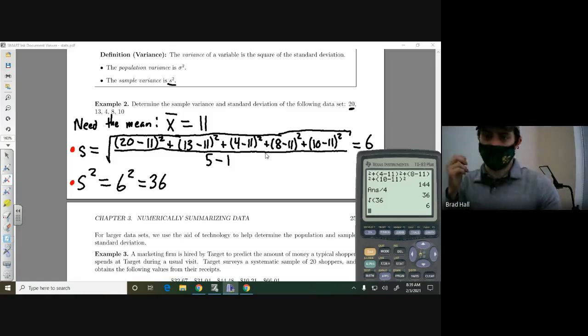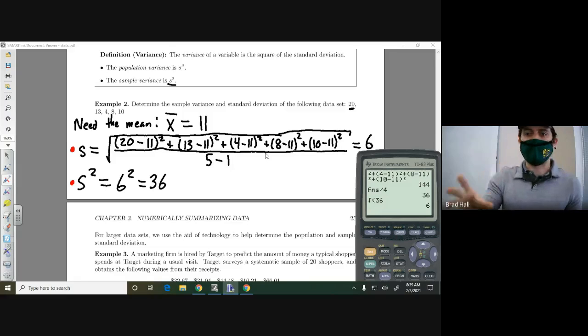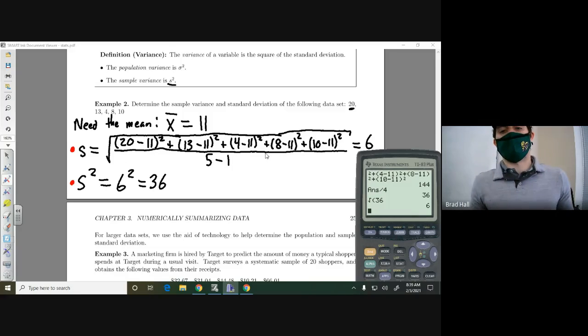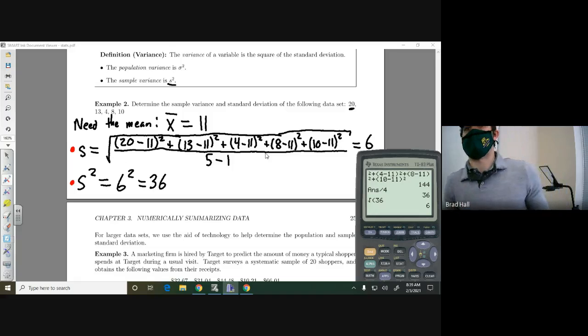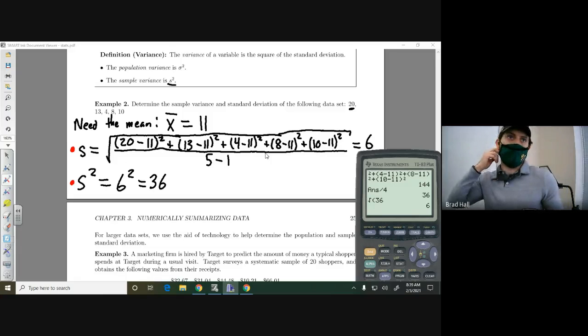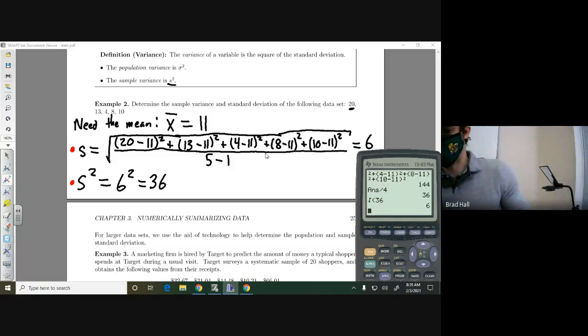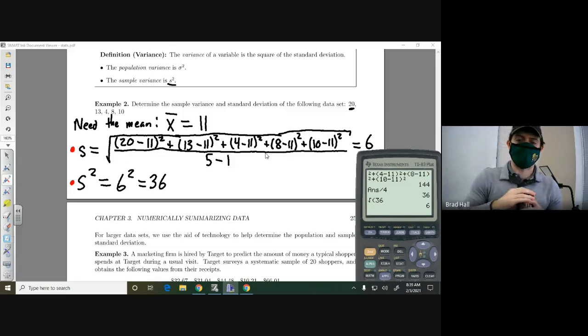Again, you may be asked to do this by hand, which means you will need to be comfortable with this formula. And there are actually 3 homework questions that want you to do this by hand. This may be good to attempt to make sure you are comfortable recreating this formula.